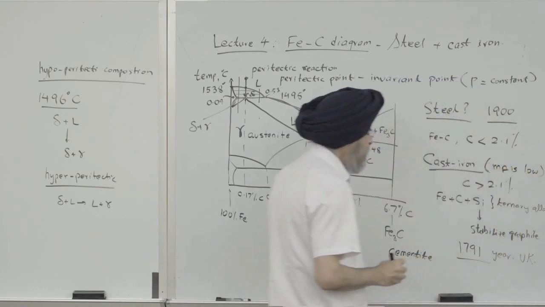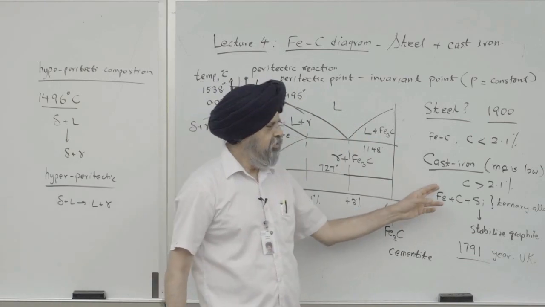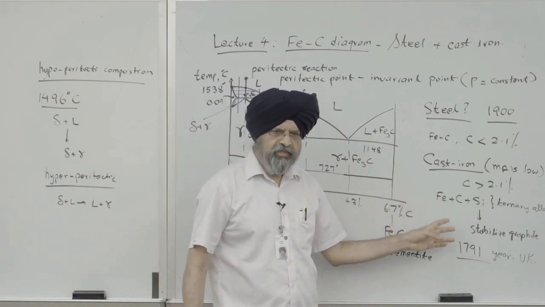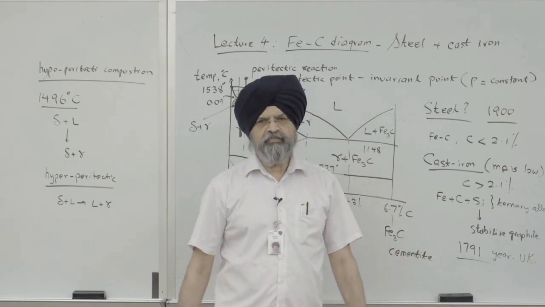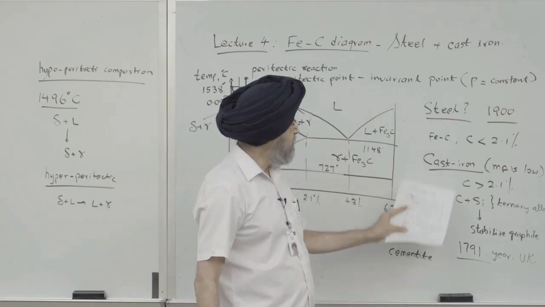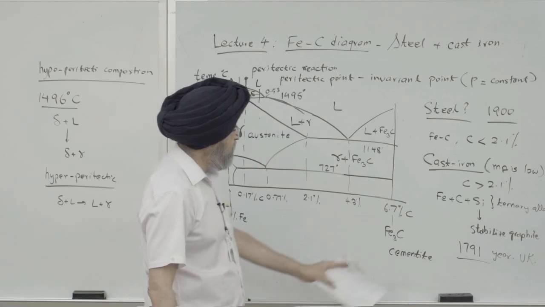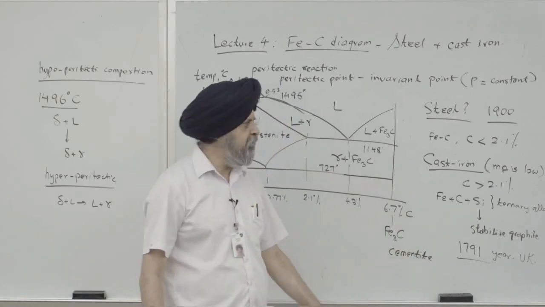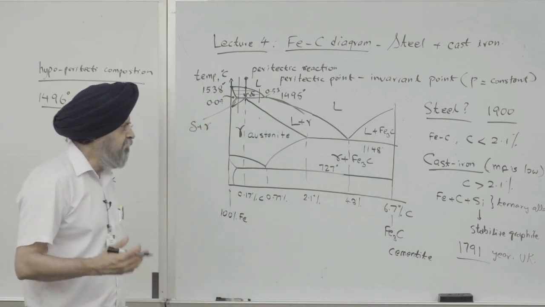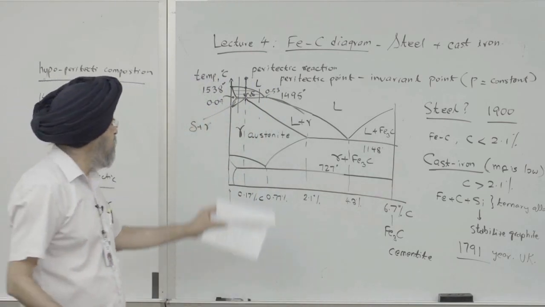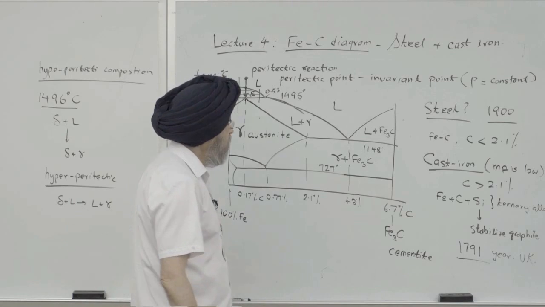So you could cast the bridge members in a factory and bring them to the site and bolt them together by using cast iron. But 1791 was too early to be able to make steel and pour it and cast it, because it takes very high temperature.